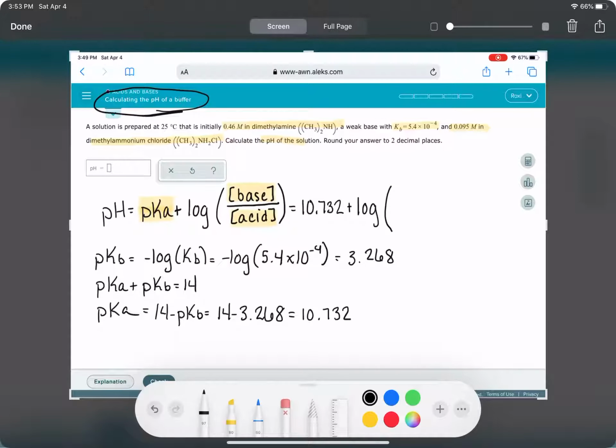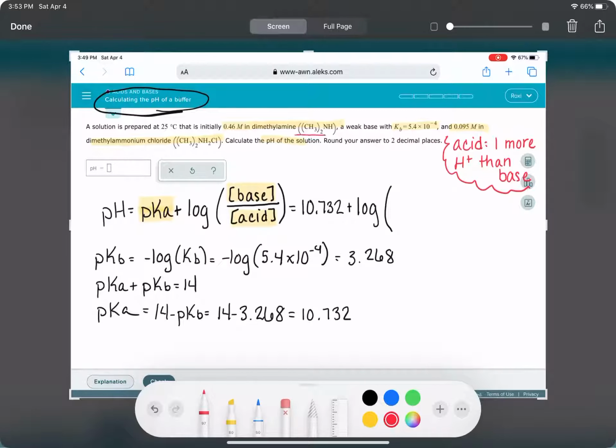We need to know the concentration of our base and the concentration of our acid. Remember, I told you that the acid will have one more hydrogen than the base because it is our H plus donor, so the acid is going to have an extra hydrogen on it, and that's how we're going to find the acid.